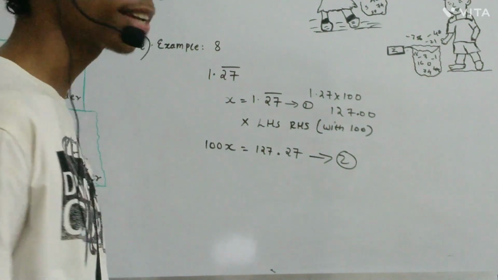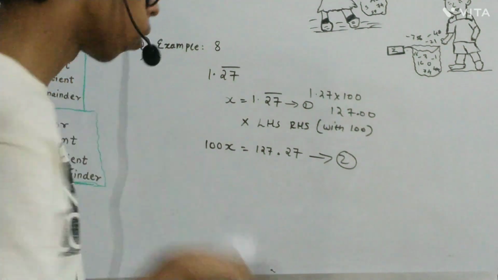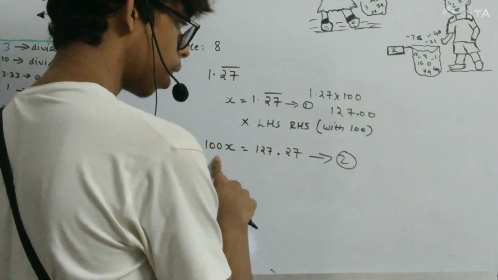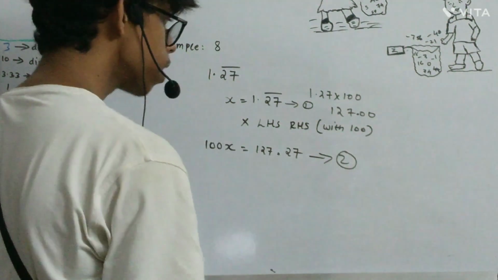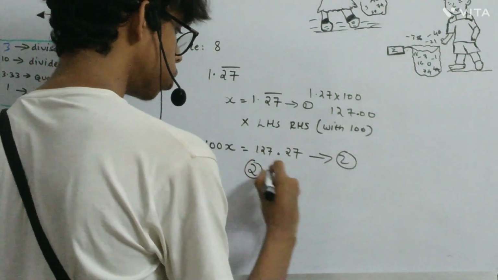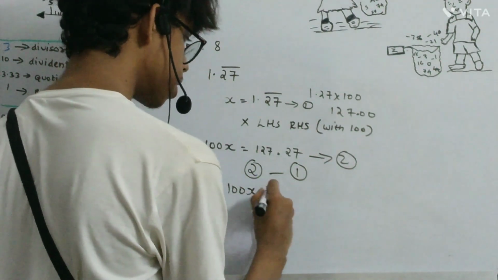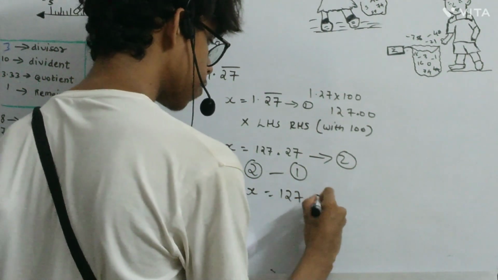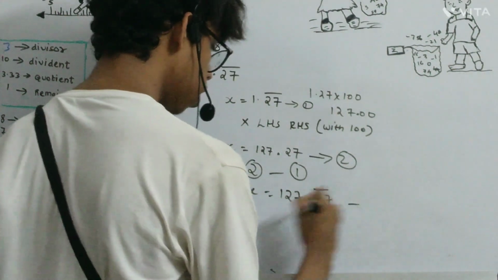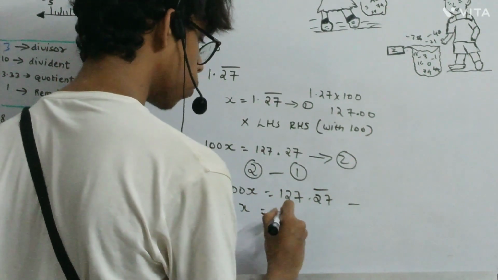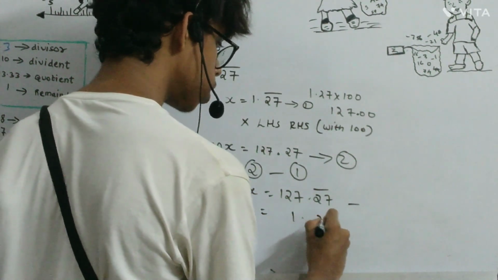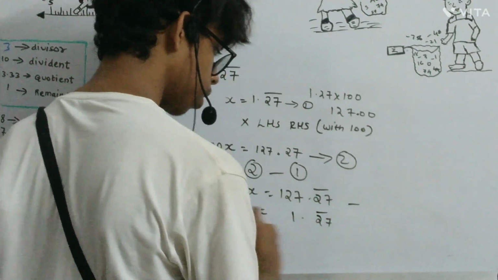Okay, now what is our next step? Big minus small. So which is the bigger number? 100 definitely, and x is simply a small number. So you have to do equation 2 minus equation 1. So I will write 100x is equal to 127.27 bar minus x is equal to 1.27 bar.